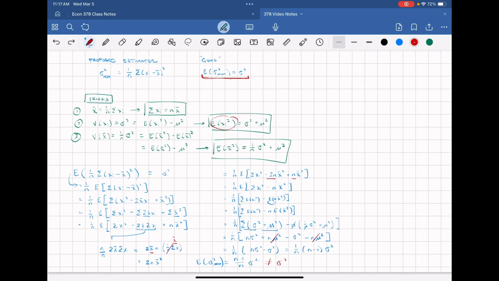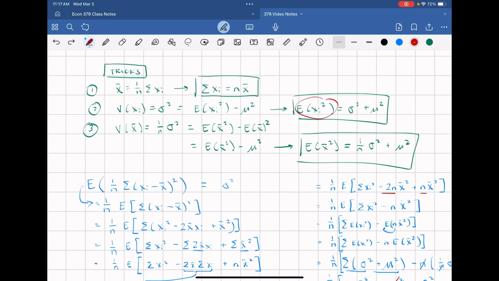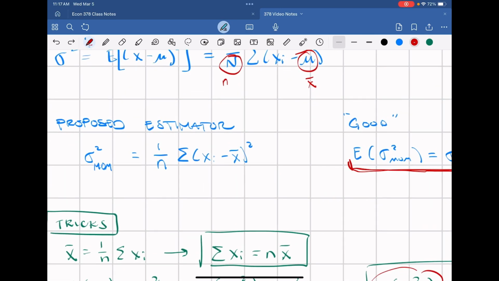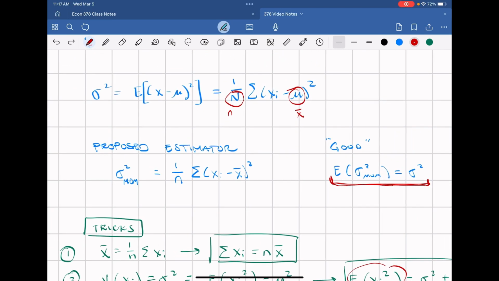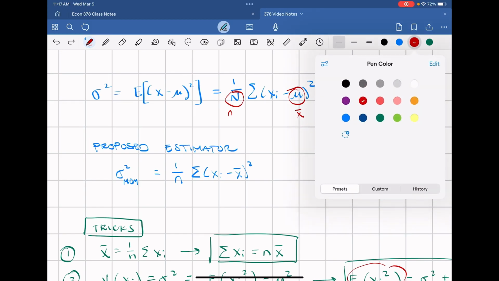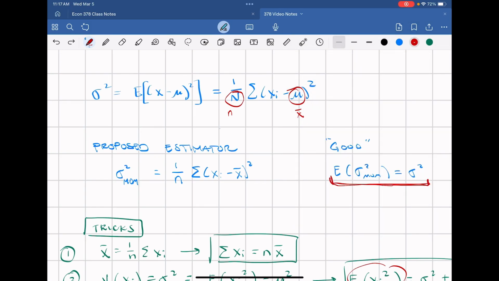Or in other words, this estimator we have right here, where instead of the population we use a sample of n, and instead of mu we use x bar, is a biased estimator.